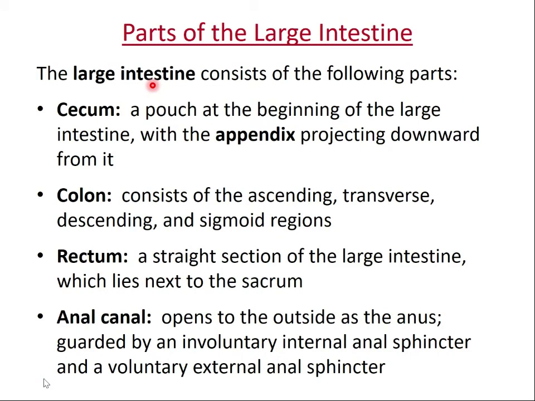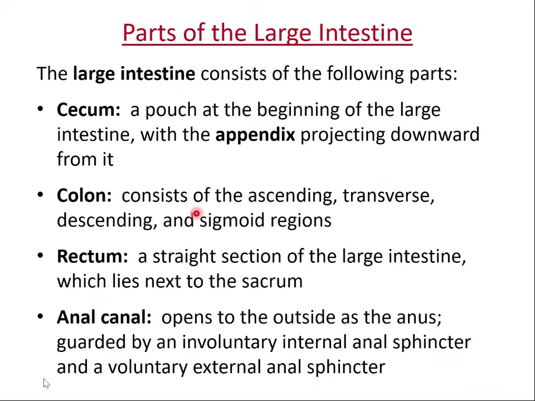The large intestine is composed of the cecum, colon, rectum, and anal canal. The cecum is the beginning portion. It is a highly distended portion that also has this appendix projection, which is a vestigial structure, not a proper function in the alimentary canal.